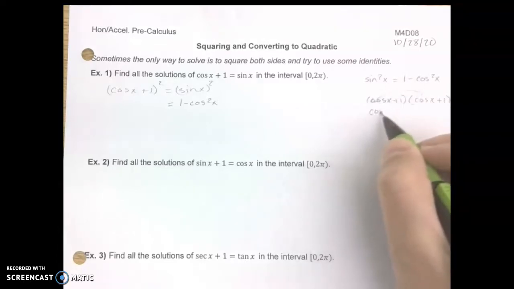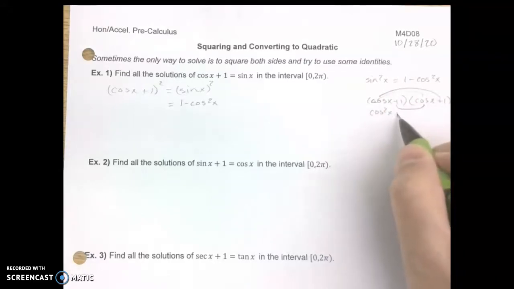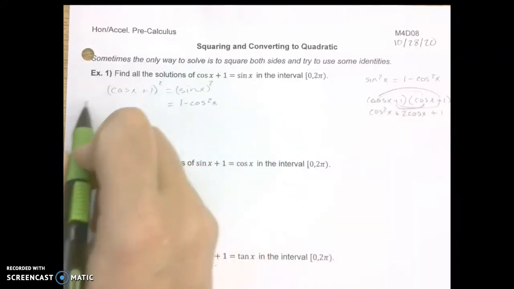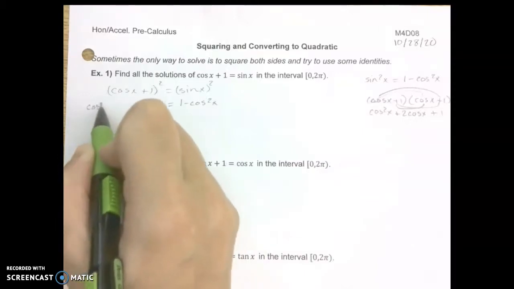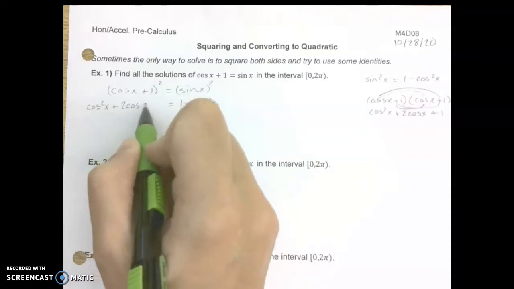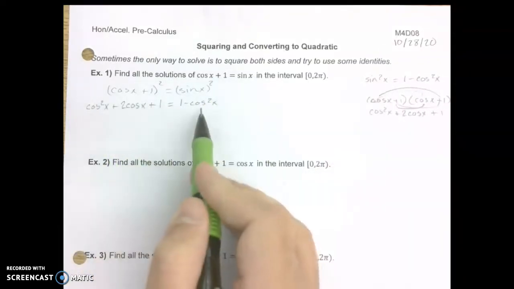That's a cosine squared x. Then I have a 1 cosine x, so 1 cosine x twice is a 2 cosine x, and then 1 times 1 is 1. So the left side will become cosine squared x plus 2 cosine x plus 1. And now I have everything in terms of cosine.